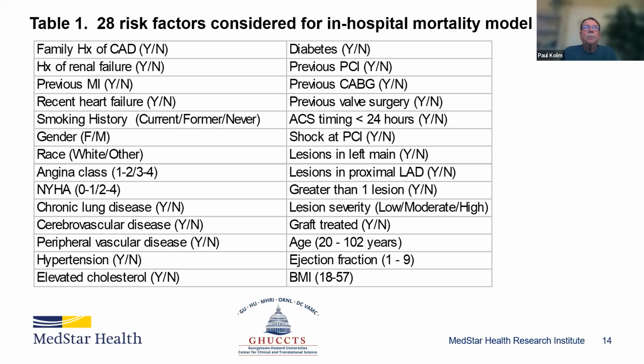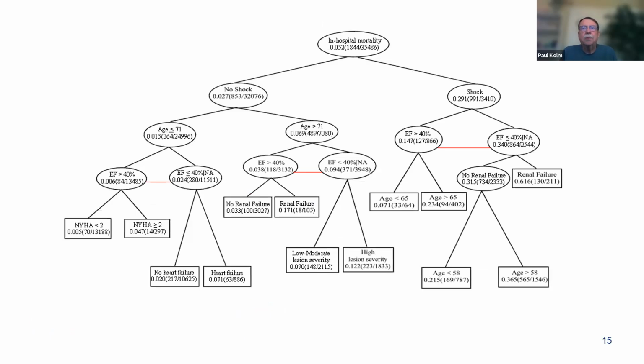So when we do the tree analysis with these 28 risk factors, this is what we get. This is what our tree looks like, and it has been pruned back to the most parsimonious. So we start out with in-hospital mortality, and we've got about 35,000 patients. 5.5% of them experience in-hospital mortality.